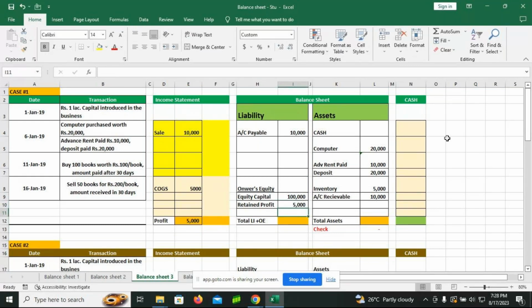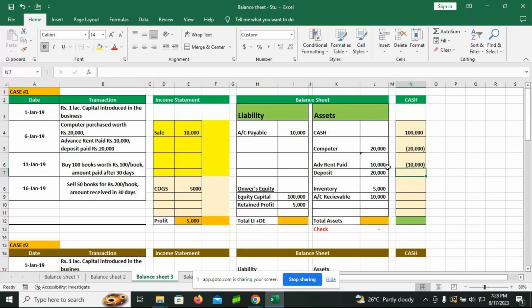So here cash. Cash I need to calculate. How much was the cash? The cash that I brought is equals 1 lakh. So I'll take this 1 lakh. Now the computer, I am paying the amount, so it will be in minus. The advance rent amount will also come in minus because I am paying the amount.